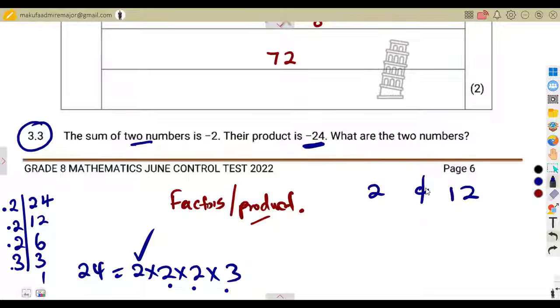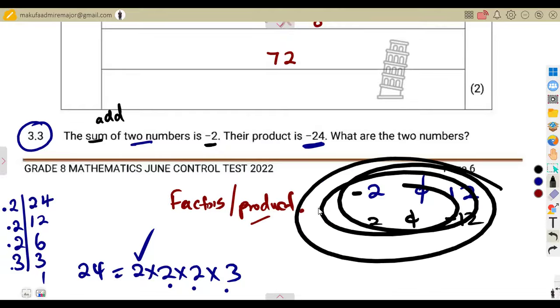If I multiply 2 and 12, I cannot get a negative 24. I'm going to get a positive 24. So to get a negative 24, one of these numbers must be a negative. So it can be 2 and -12. But as you can see, they are saying the sum, it means when you add, you must get -2.